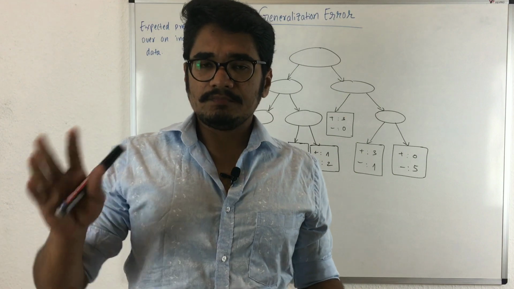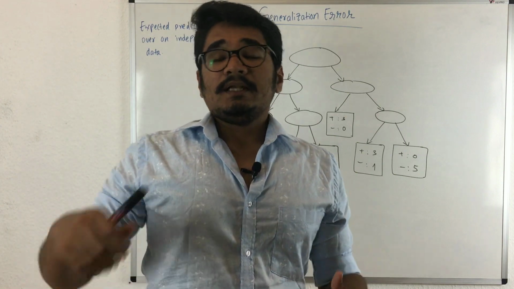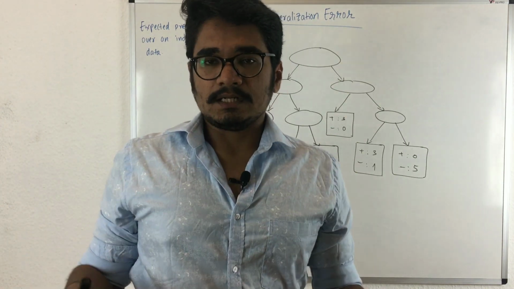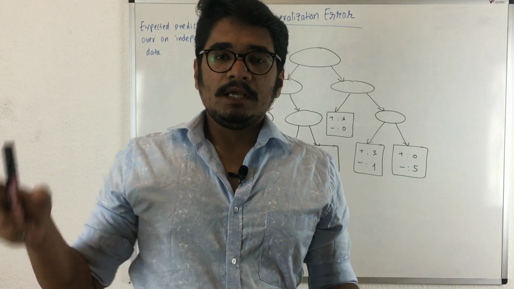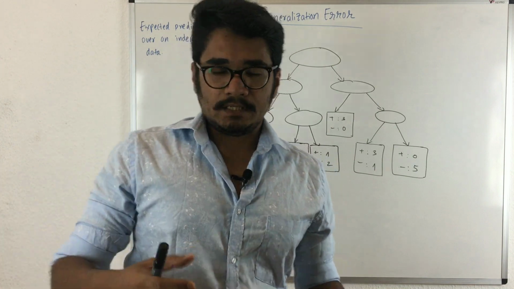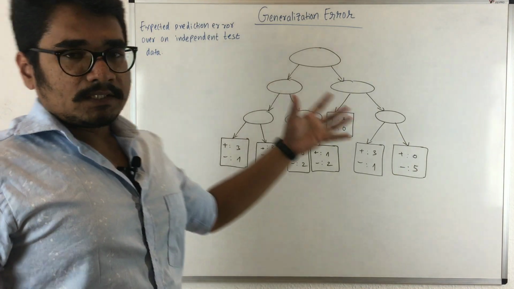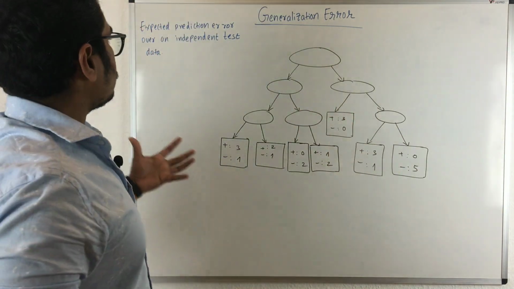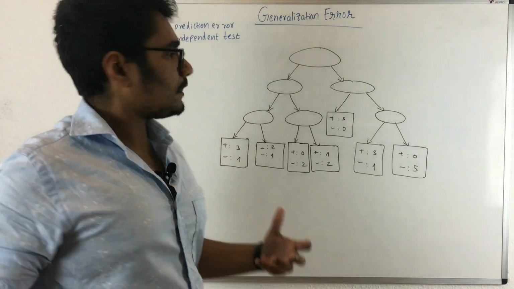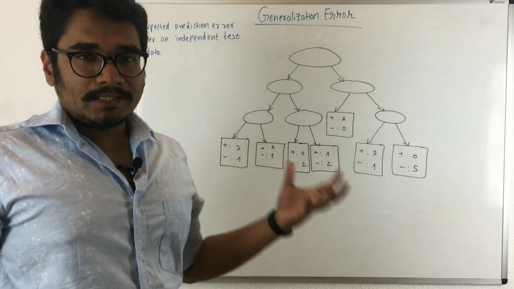It's an error in the decision tree, an overall generalized error, not about one particular error on test data or training data. In essence, generalization error means the expected prediction error over an independent test data.